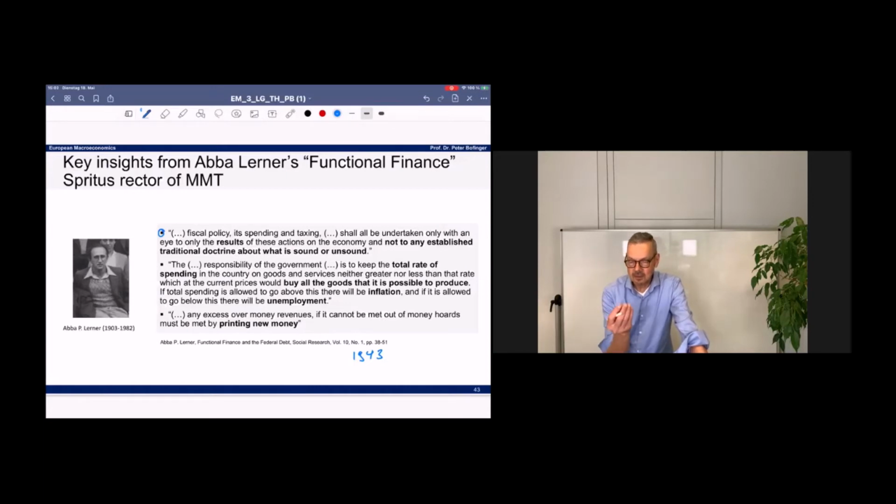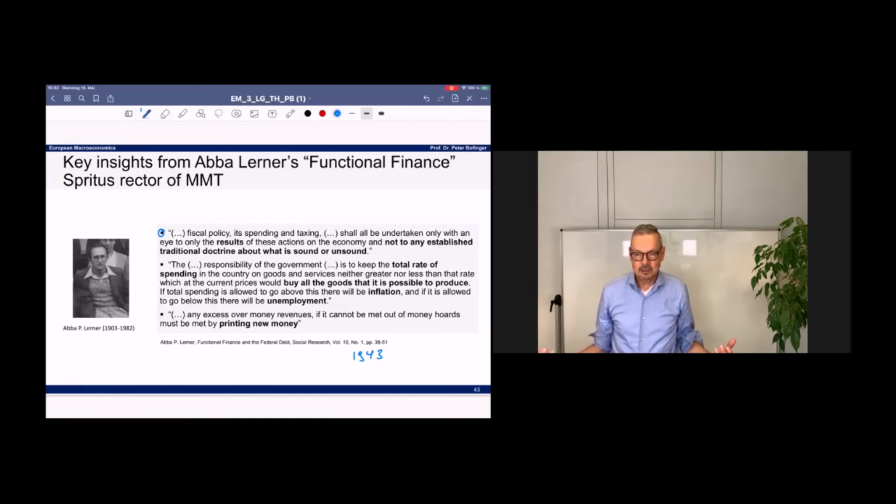So what matters is what the effects of fiscal policy in the economy are. What he tries to say to us is, be aware of some doctrines for which there is no empirical evidence.